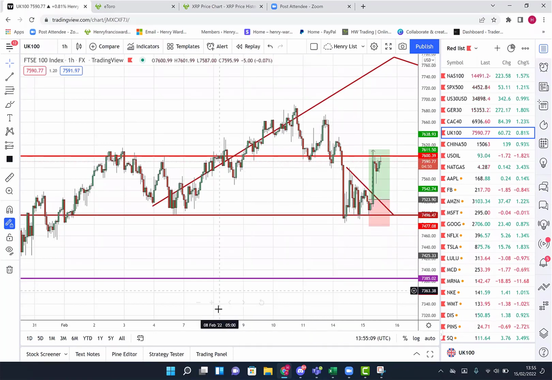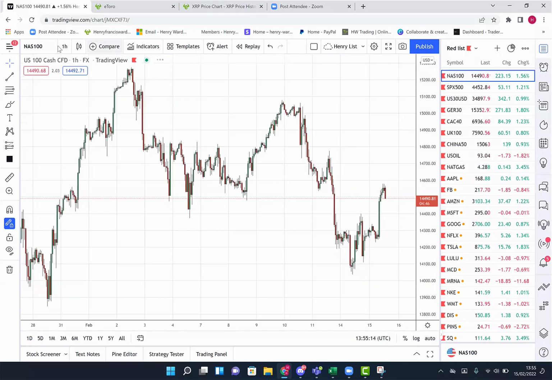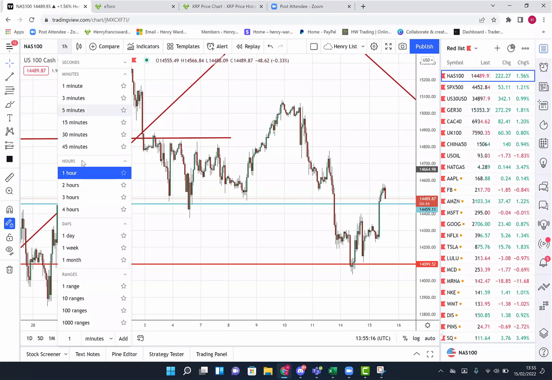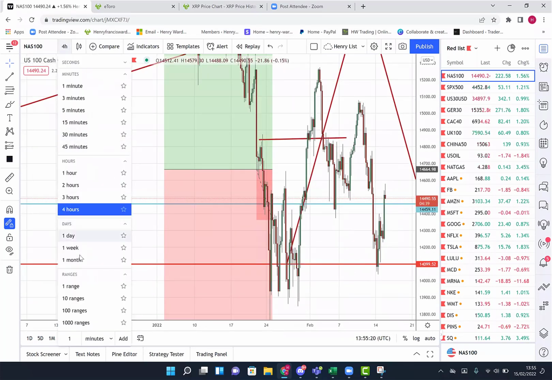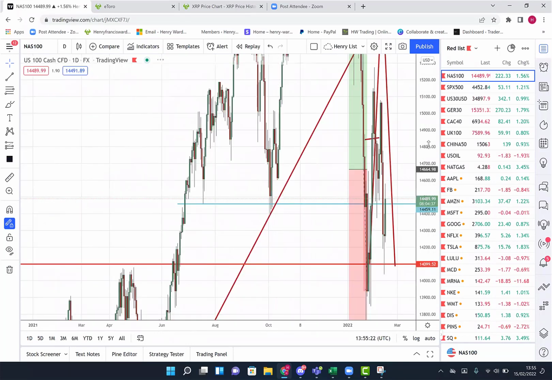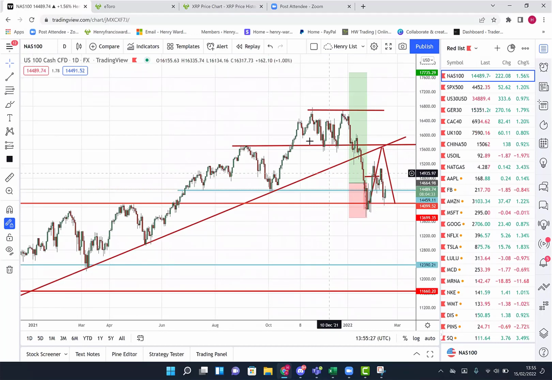And unfortunately, the market has not been trending for the last, if we go back to Nasdaq here and change it to the daily chart, the market hasn't been trending since November, December, January, February.